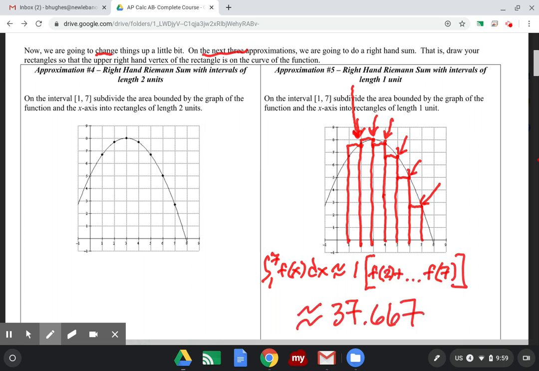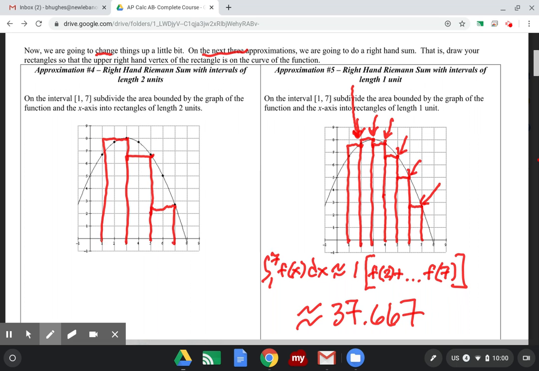So with intervals of 2, it'd be exactly the same. Every single rectangle that we need to draw would be from the top right-hand corner. This is what it would look like. And there's what it would be. Then I'll find the area of each one of those rectangles and add them up.